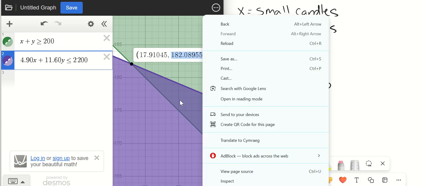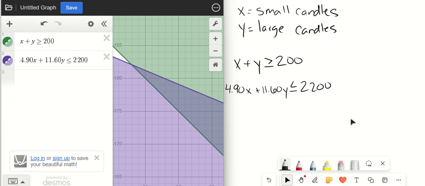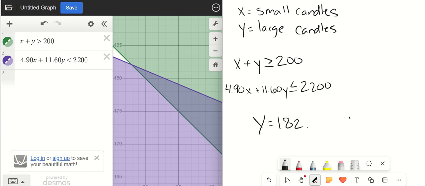182.08. I'm going to write that down over here. Y equals 182.08. That's the maximum number of large candles that he can purchase. Now, you can't purchase a fraction of a candle. So the question is, how many can he actually purchase?